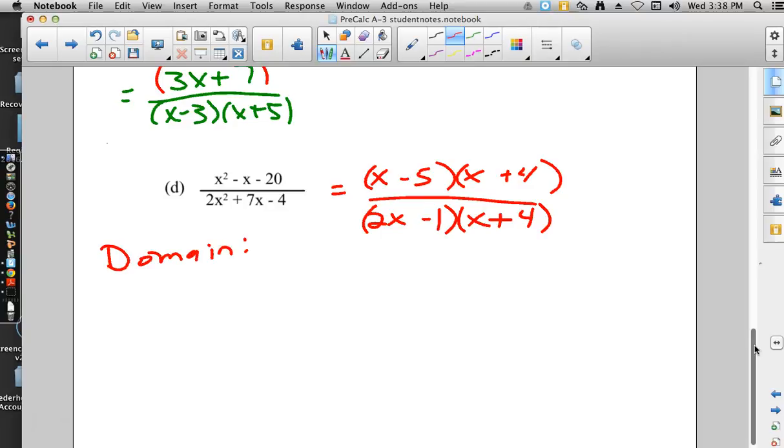Domain restrictions. Well, we know we can't use -4. And if you think about it for just a second, your 2x minus 1 equaling 0 would be x equals 1/2. So x can't equal 1/2. All right, now we need to cancel.